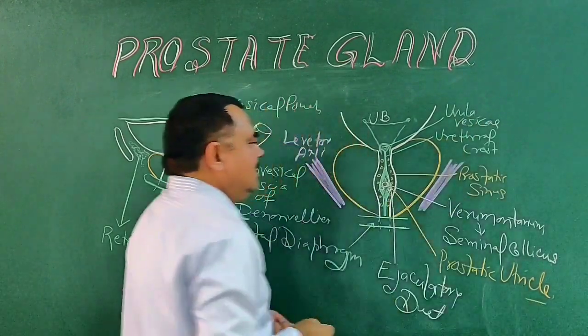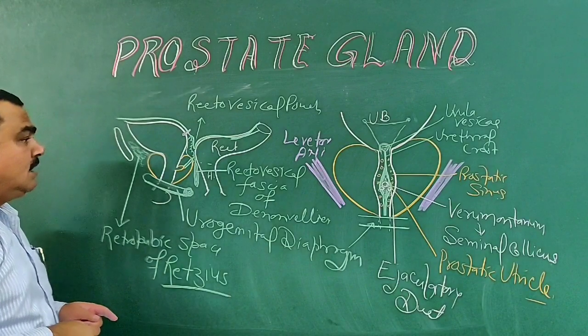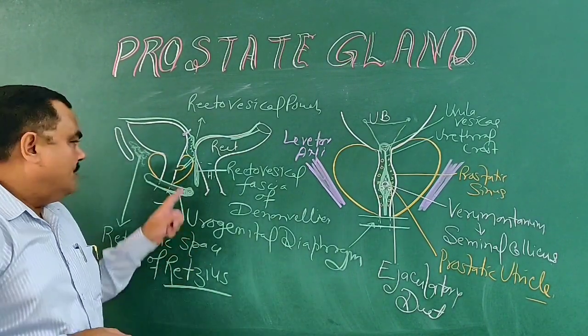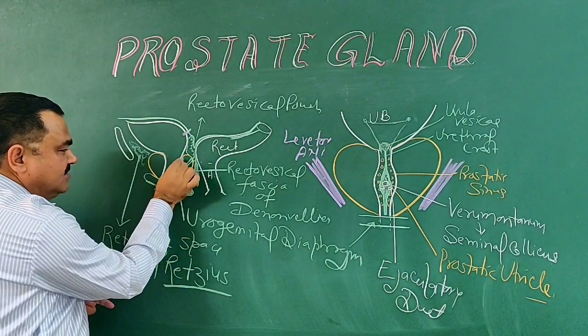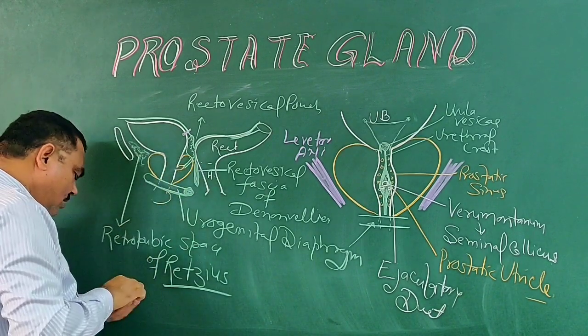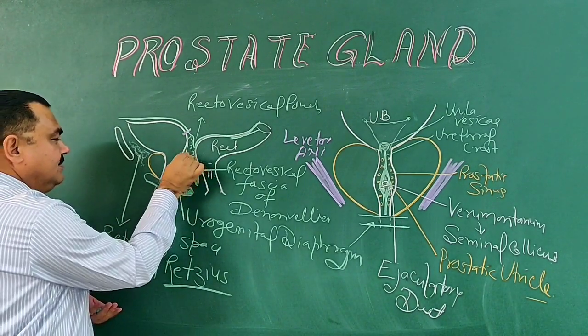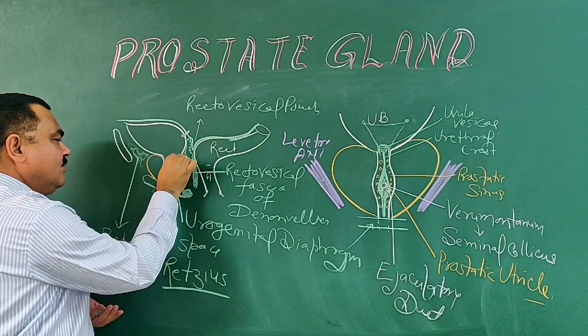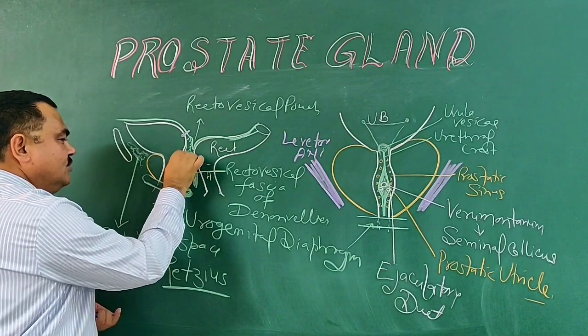This elevation is due to the underlying median lobe. Due to this median lobe, a small projection is present on the posterior side.